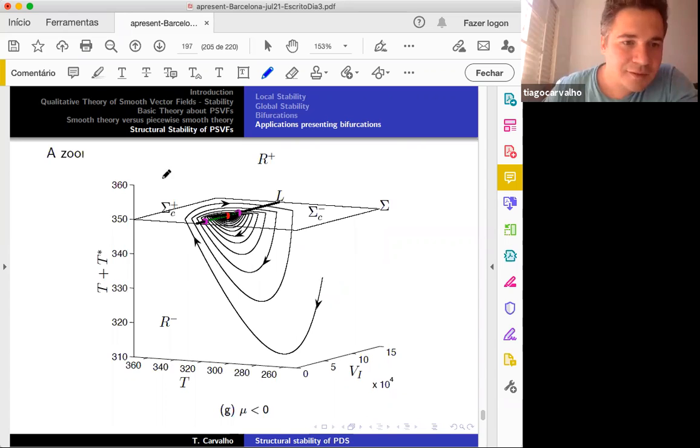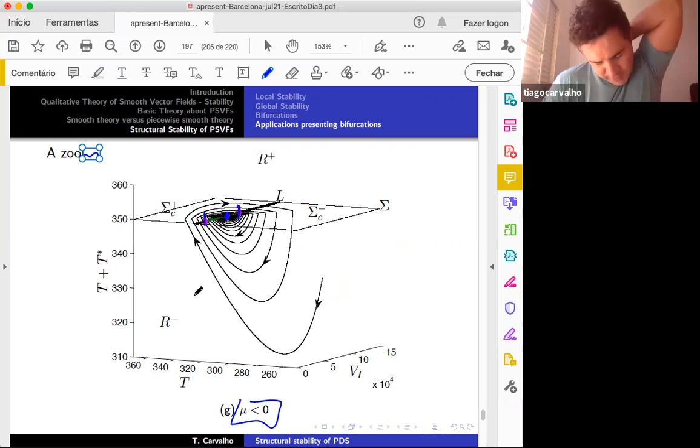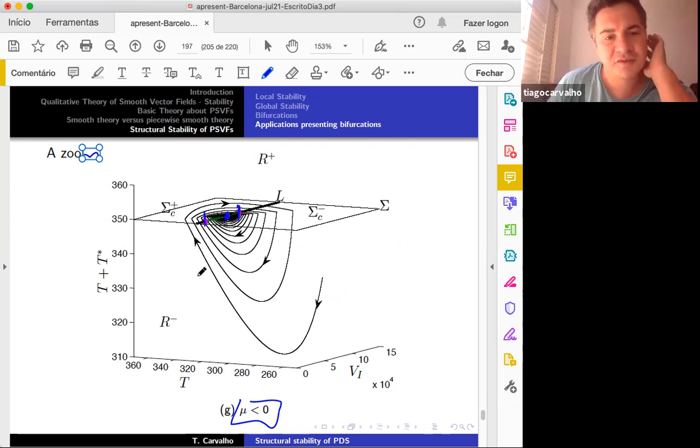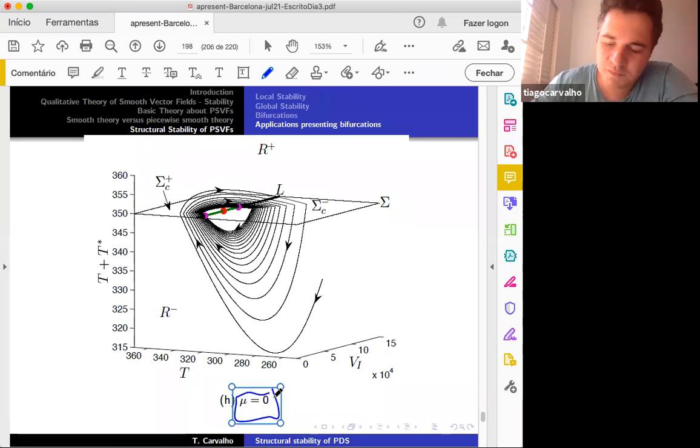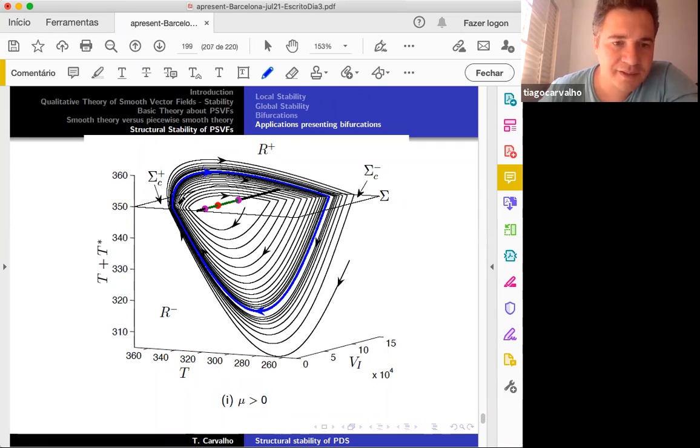The first case, where lambda is negative, we have here the two cusp points. This is the equilibrium of the tangential sliding vector field that becomes essentially the same topological type if me is 0, and after, if me is positive, there is a crossing limit cycle around this situation.